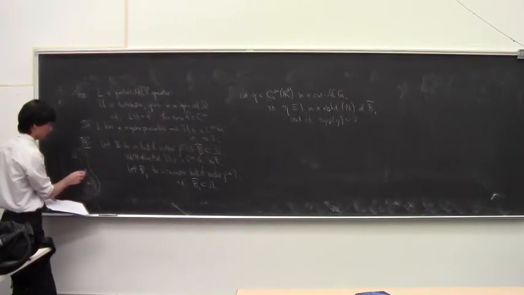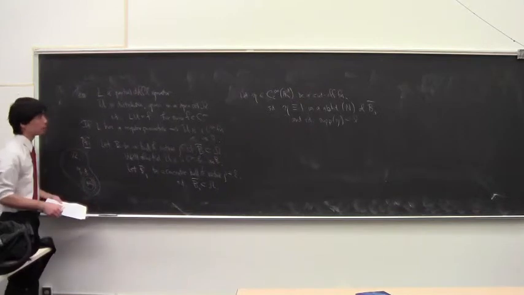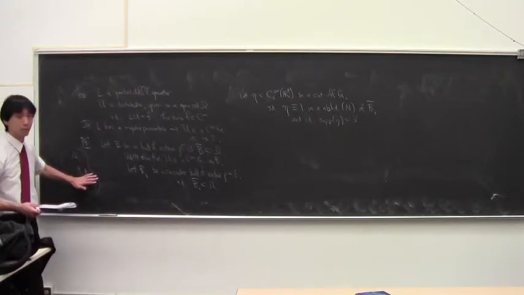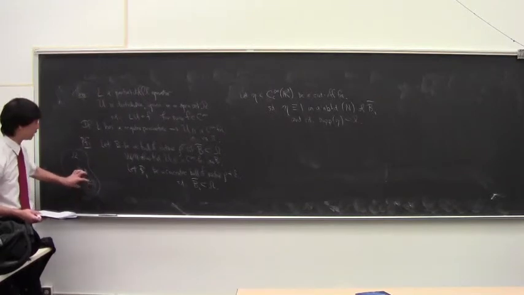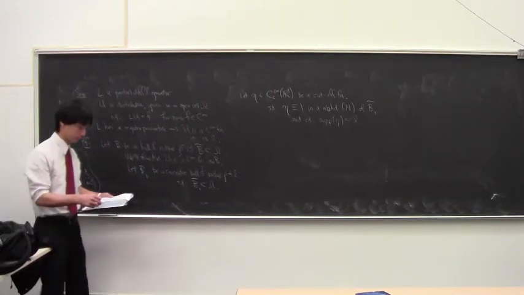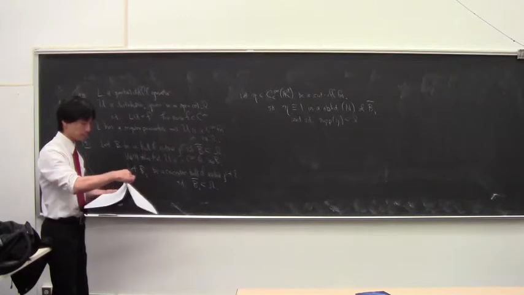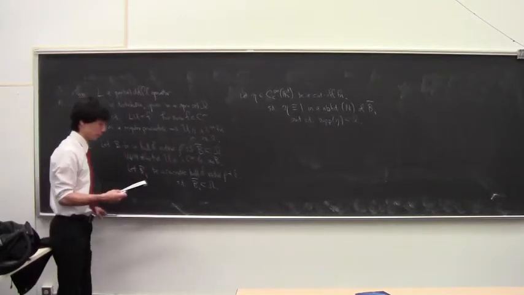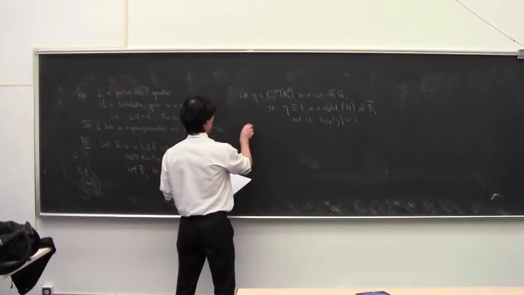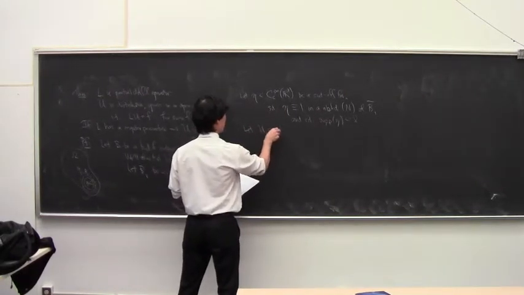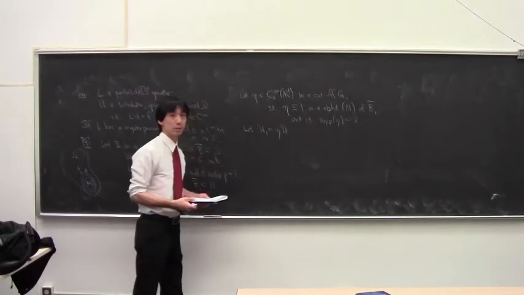So we have some N around here, and the function eta is 1 on that neighborhood N. Okay, so let now u1 be eta times u.